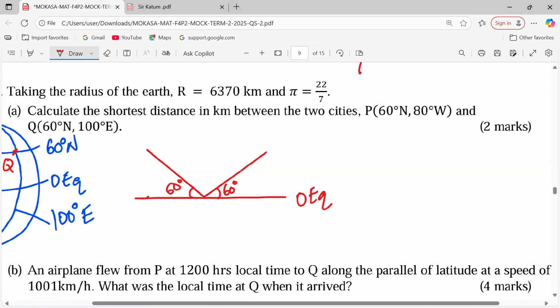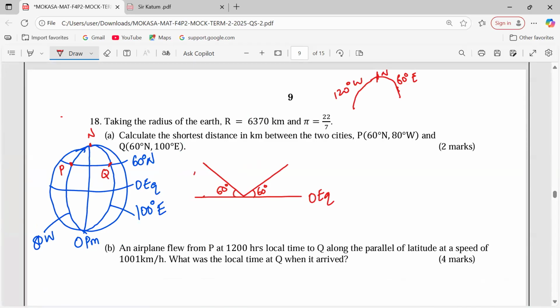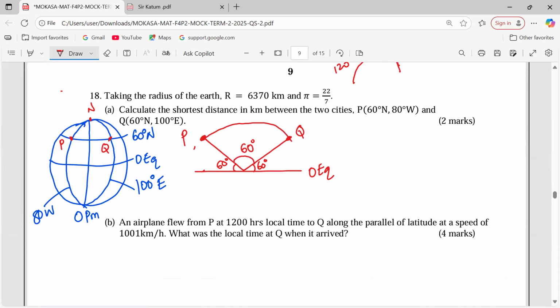We measure 60 degrees to Q, 60 degrees to P. But now the plane shall be moving from this point across the North Pole to this other point. So this is Q, this is P. This is a great circle. What is the angle at the center? It shall also be 60, because we already have 120. The remaining angle there shall be 60.